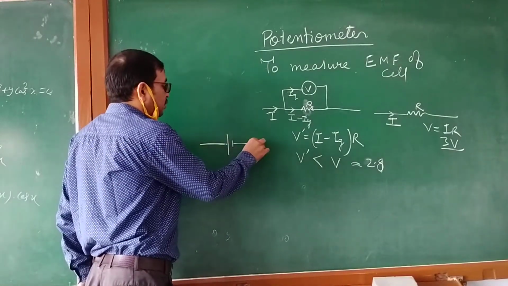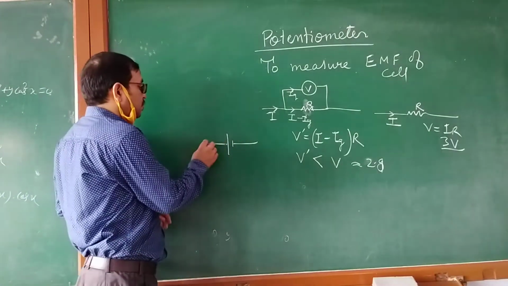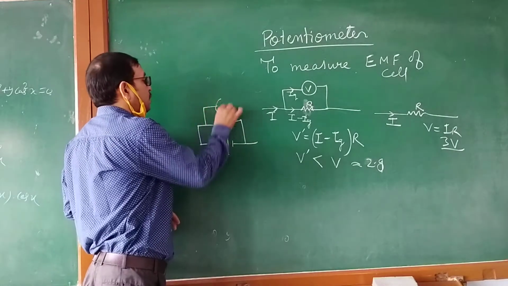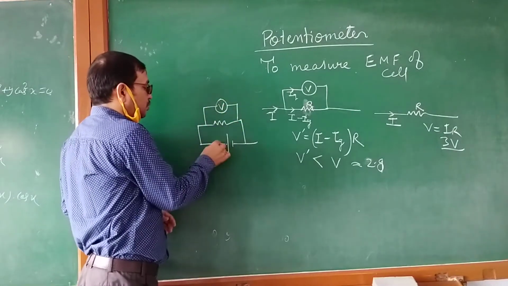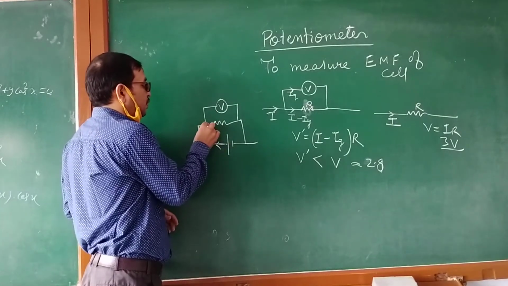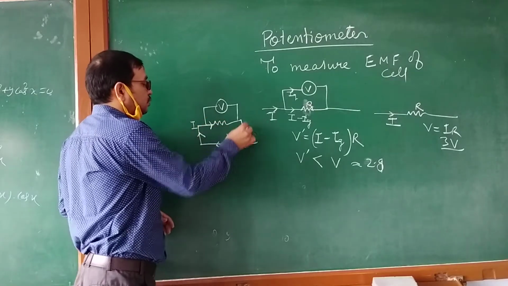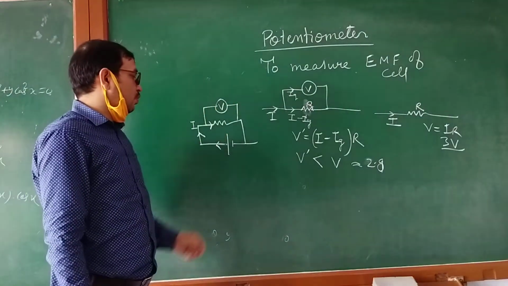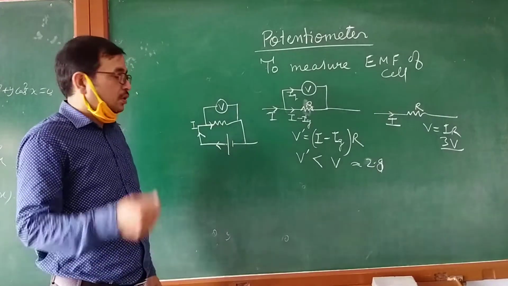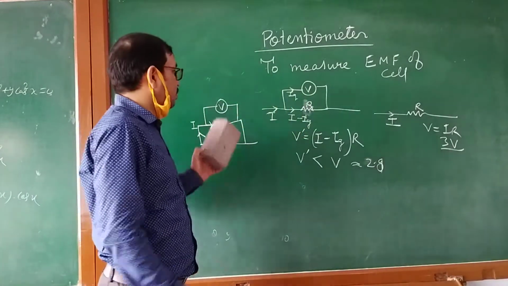For measuring the EMF of the cell, no current must be drawn from the cell. If some resistor is connected in parallel, some current will be drawn by this resistor. Whatever current I is coming from the cell, some current will go to the voltmeter. So this potential difference will not actually be measured by the voltmeter.